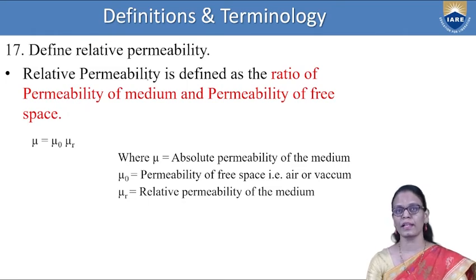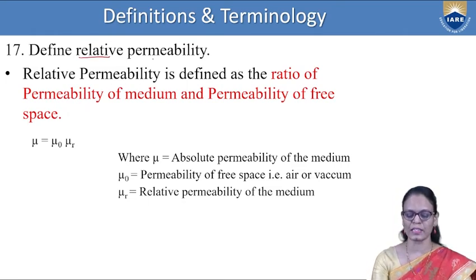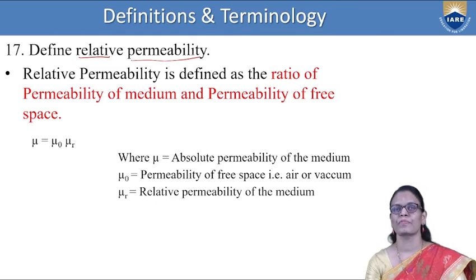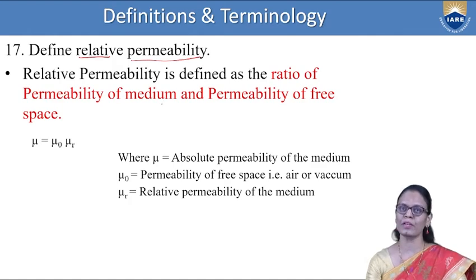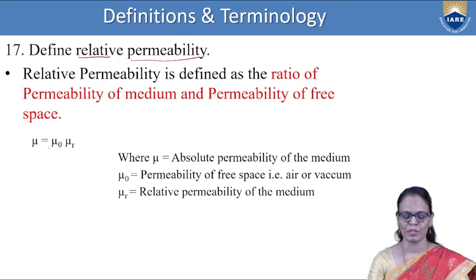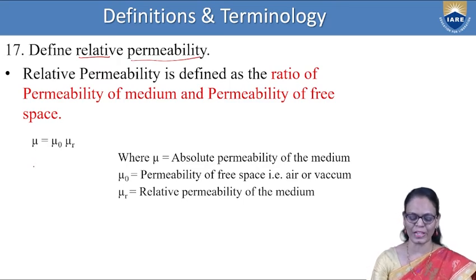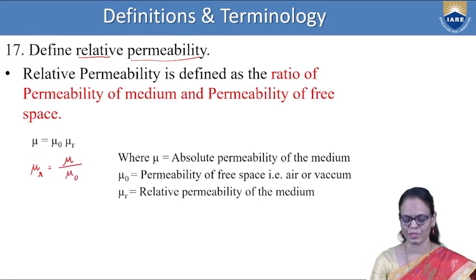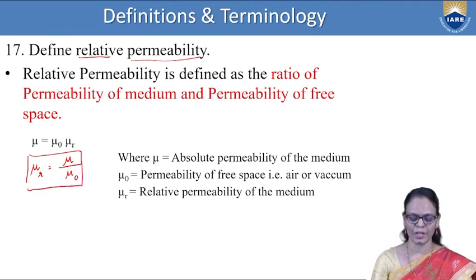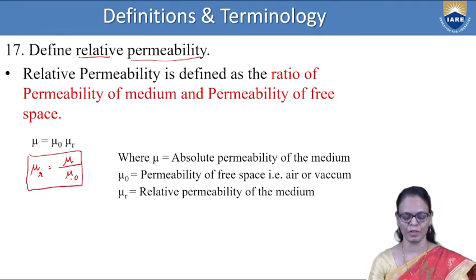Next, define relative permeability. We have already seen the formula. What is relative permeability? It is defined as the ratio of the permeability of the medium and the permeability of free space. So, from this formula, we can write mu r is equal to mu upon mu naught.